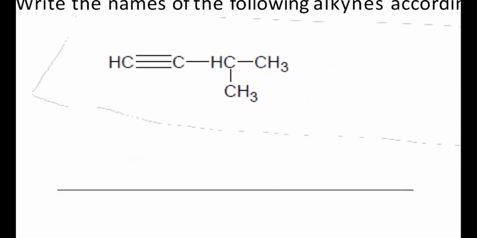What would be the name of the parent chain, including the location of the carbon-carbon triple bond? Great, 1-butyne.